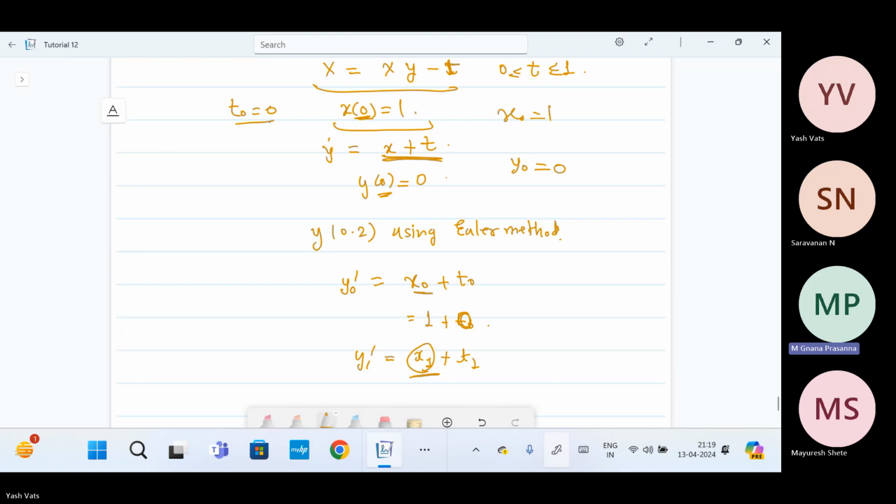Then x1 you find using the Euler method. Then you have to substitute that x1 value to get y1. The same two questions are based on this equation only. One is Euler's method and the other one is modified Euler's method.